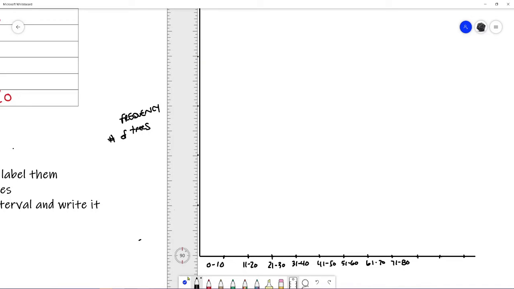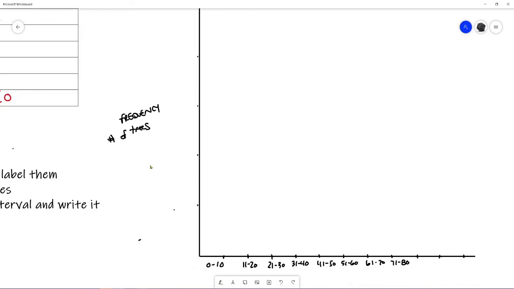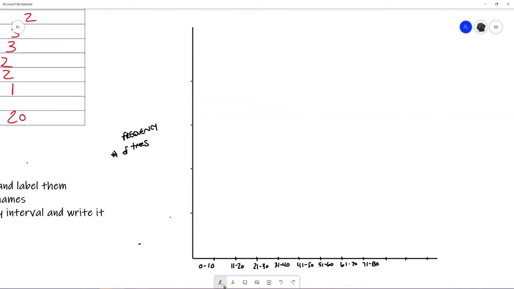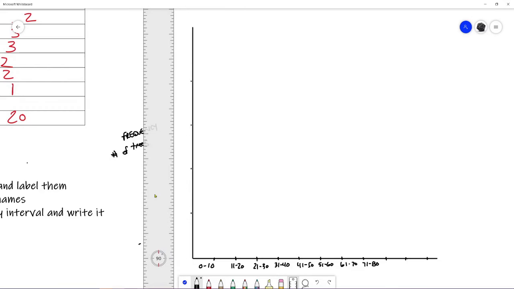So the reason why I'm skipping by 2's in this case is to give my graph some length. The longer I make the y-axis, the longer each bar is going to be, which is going to give me a nice looking graph. Okay, so now I know that each one of these is equal to 1.